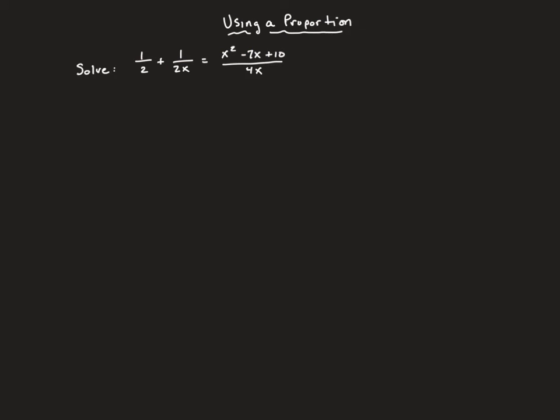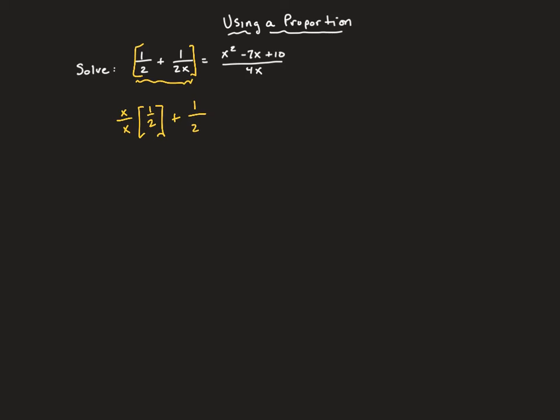Oh, using a proportion. What we're going to do is very similar to what we did previously. But we're going to go ahead and make this into one rational expression on the left. And in order to do that, let's say, hey, it looks like the common denominator here is going to be 2x. So if I multiply the first expression by x over x, that would give me x over 2x, right?